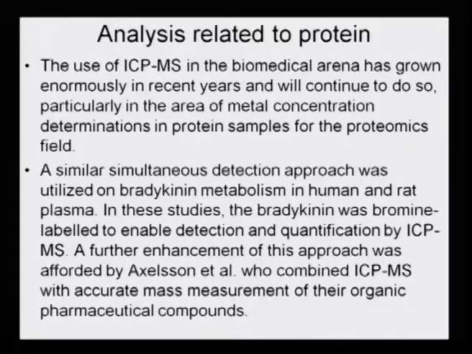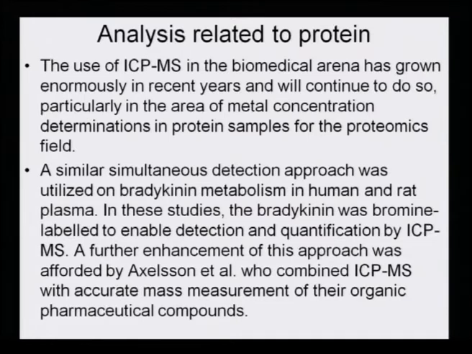A similar and simultaneous detection approach was utilized on bradykinin metabolism in human and rat plasma. In these studies, the bradykinin was bromine labeled to enable detection and quantification by ICP-MS.